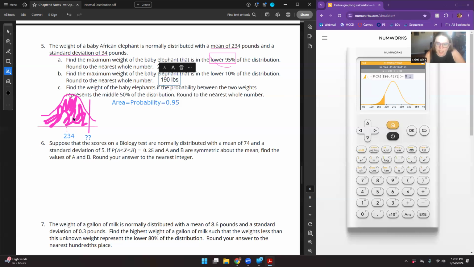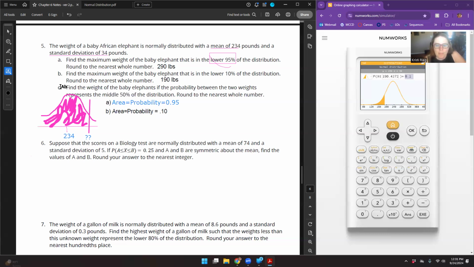Okay, it took a little to get set up, but once we got it set up, it wasn't too bad to get going. So B was area equals probability, which was 10% for the second one.